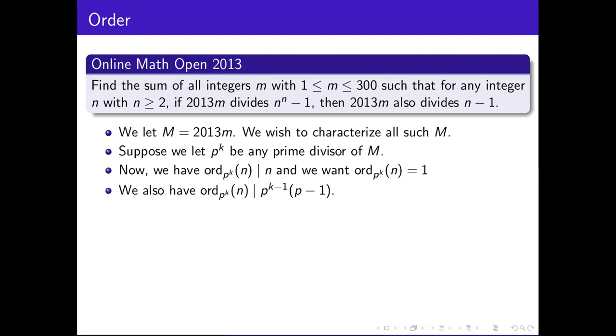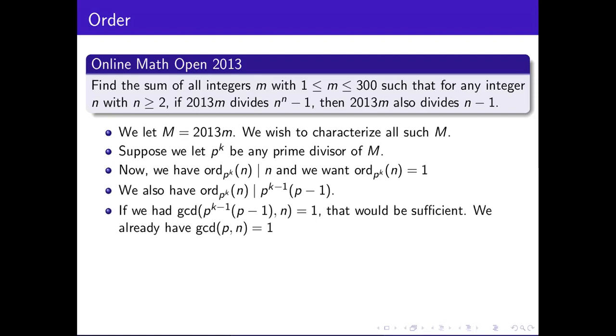And now how do we combine these two conditions in order to get that the order equals 1? Well, if we just had that their GCD was equal to 1, that'd be enough.